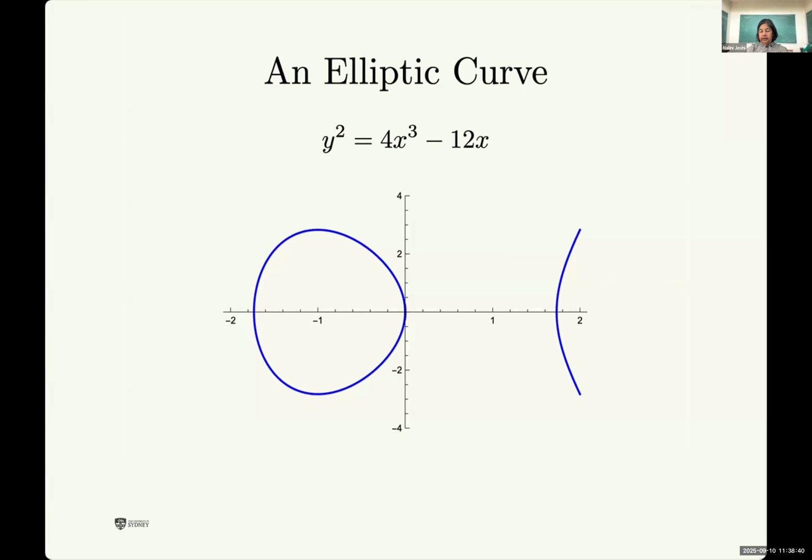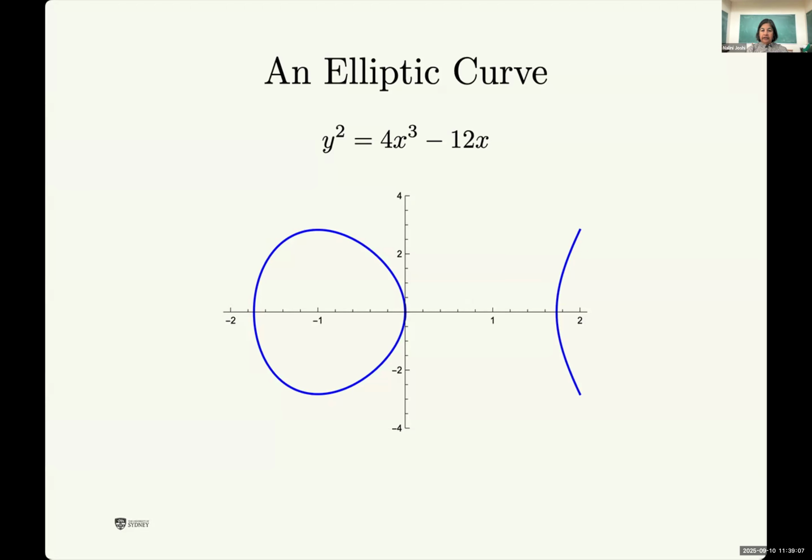So all elliptic curves have a canonical form, and the canonical form is given by a cubic polynomial, and you can write it as a cubic in one of the variables and a quadratic in the other. And here you see that with x being the variable of the cubic and y being the variable of the quadratic. And I chose these numbers because this is easy to draw in the real plane.